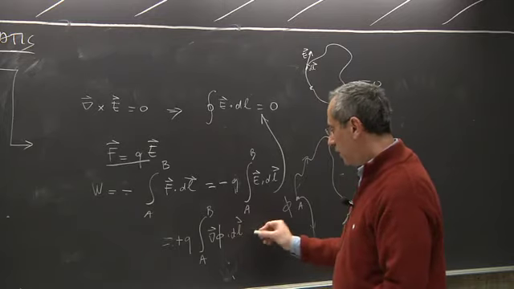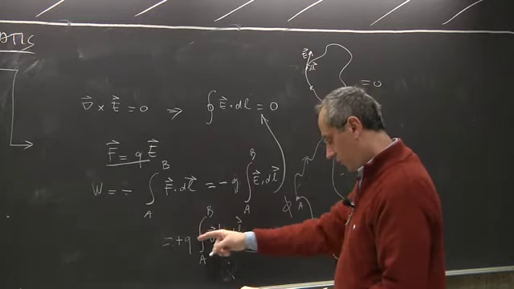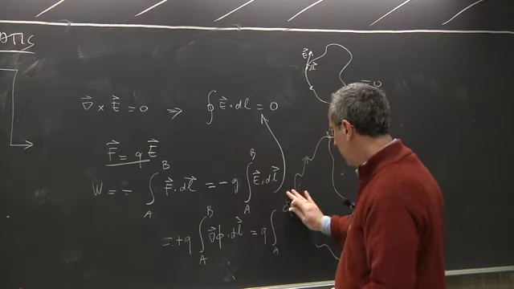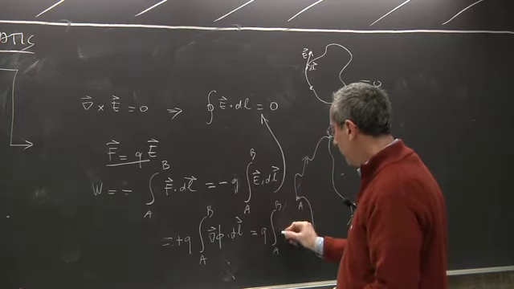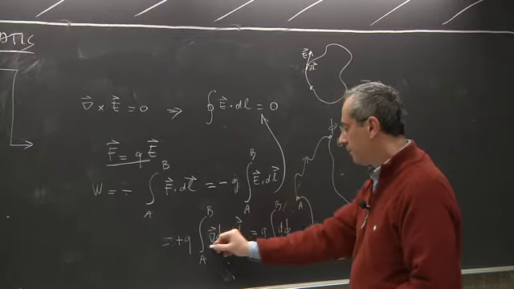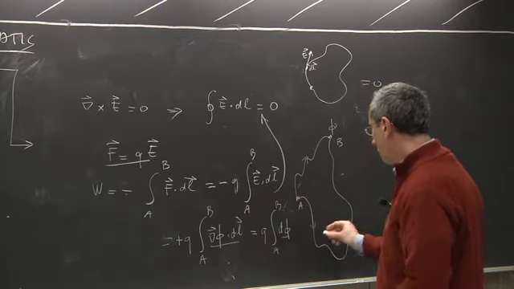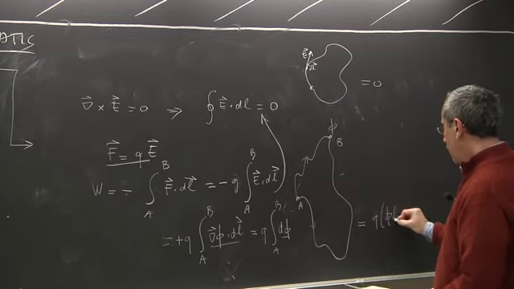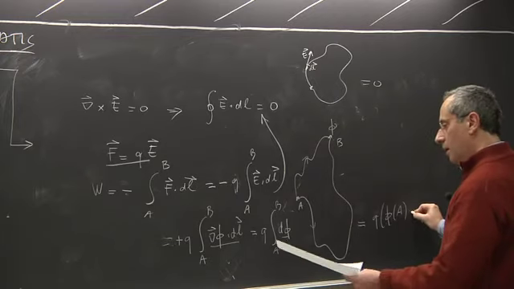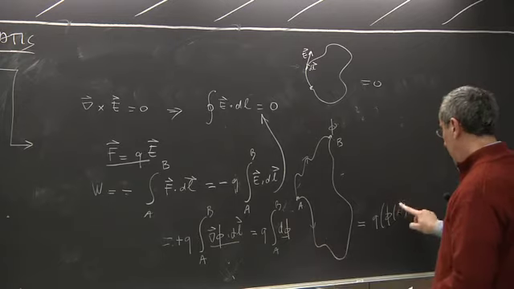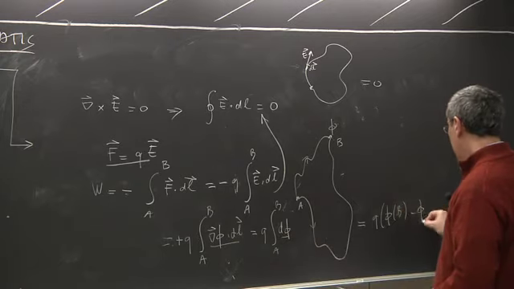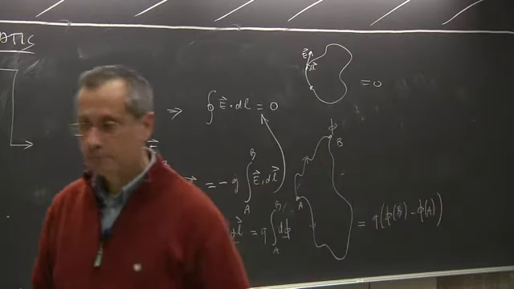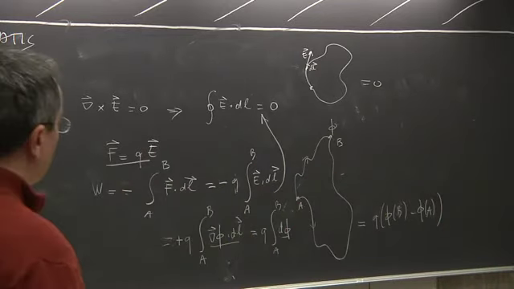And then you see that exactly because of this, it is simply the integral from A to B of d phi, or Q times the potential in B minus the potential in A. So indeed, that is a potential.